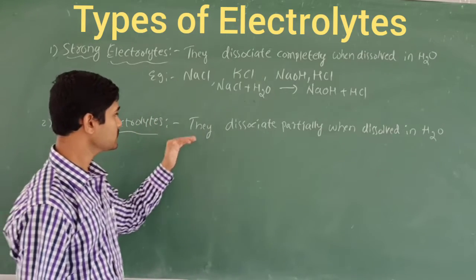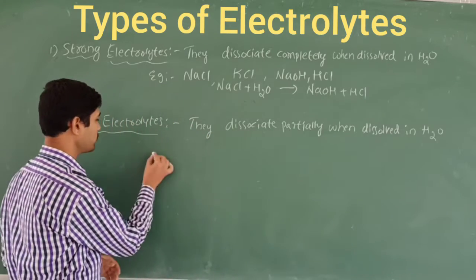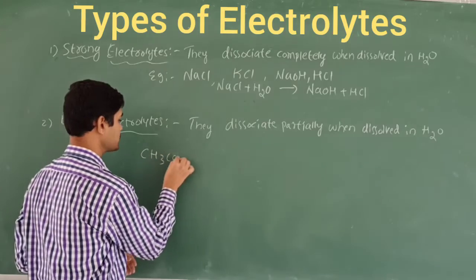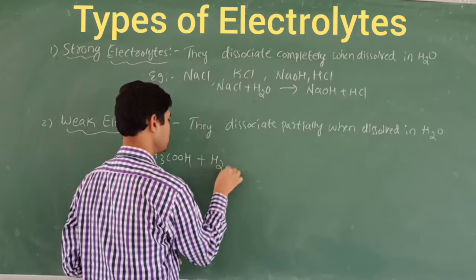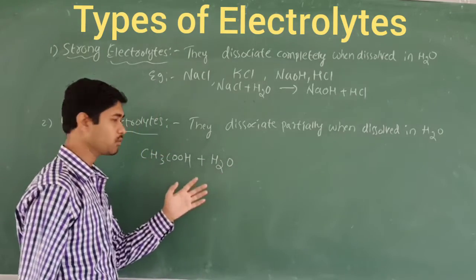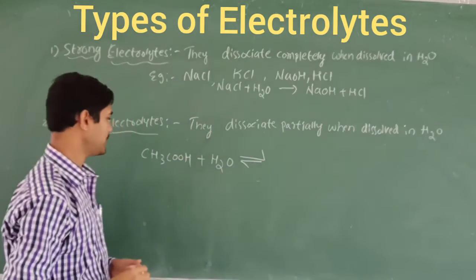The second one is called weak electrolytes. Weak electrolytes means they dissociate partially when dissolved in water. Suppose I take the example of acetic acid. When you take acetic acid in the water, what happens? Partial dissociation takes place here.